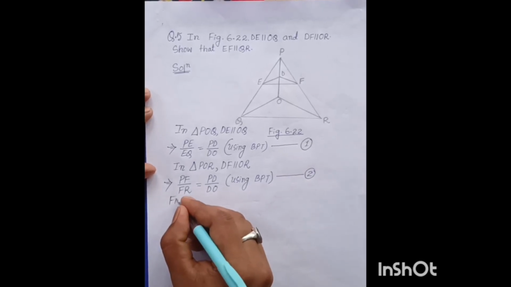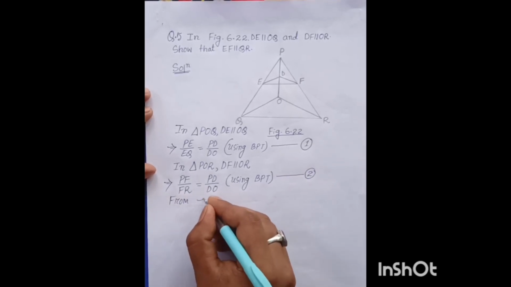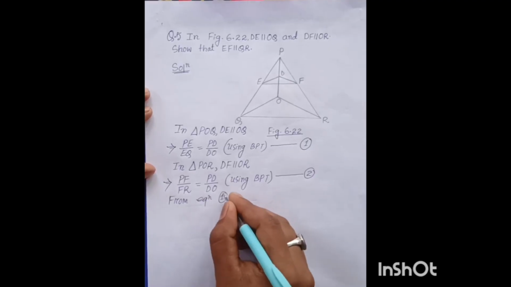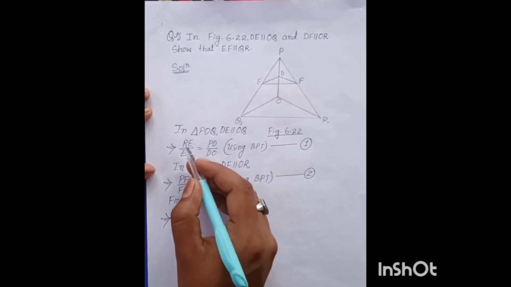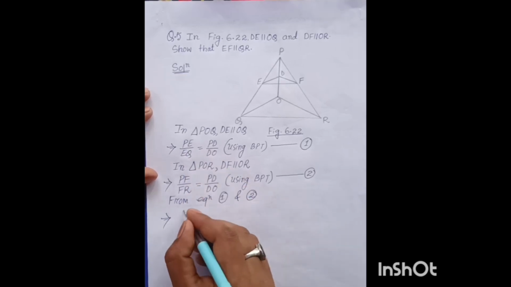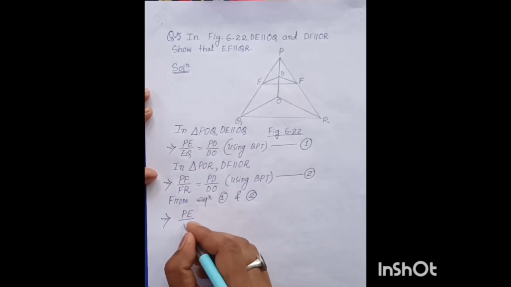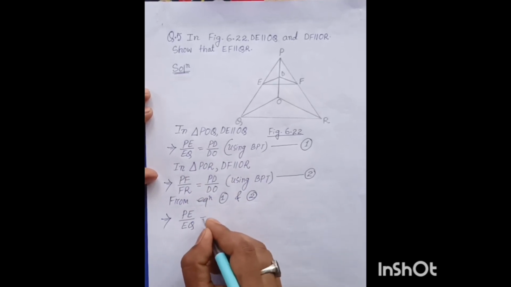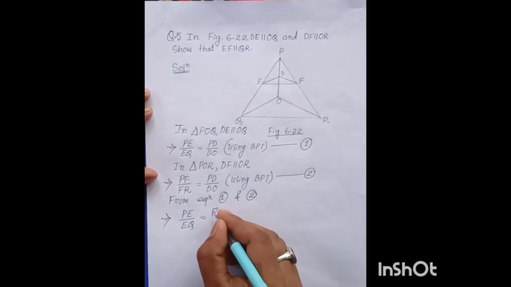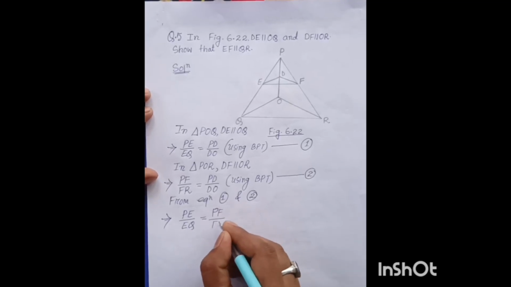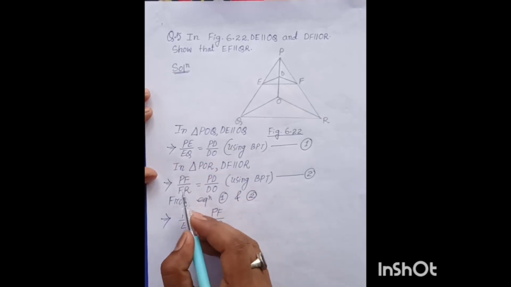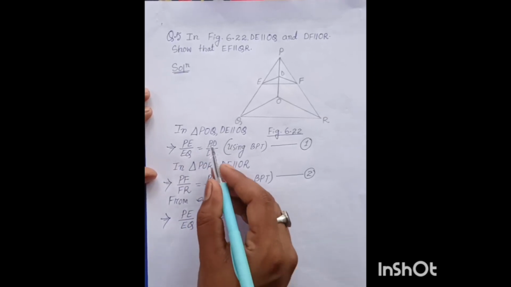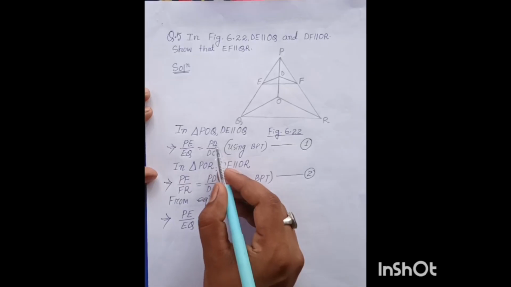Now compare equation number 1 and 2. From equations 1 and 2, I can write PE by EQ is equal to PF by FR, because on both sides we have the same ratio, PD by DO.